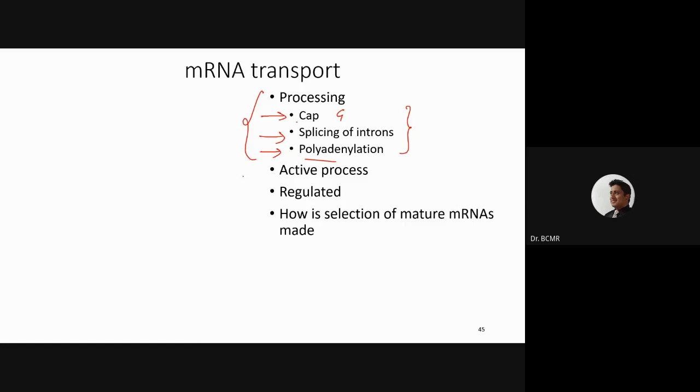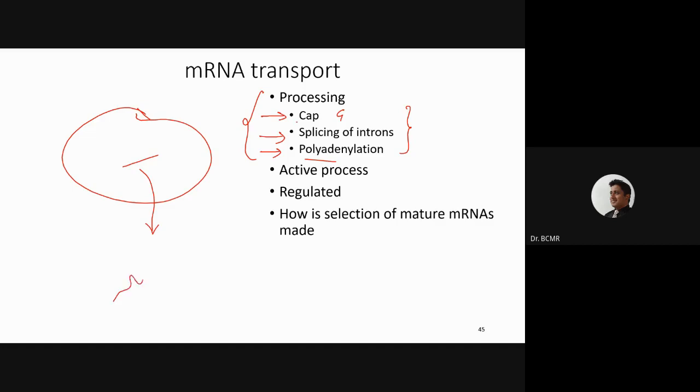All of these things we are talking about are eukaryotic mRNAs. So the mRNA that is already matured and formed inside should now be transported, because translation happens only in the cytoplasm.